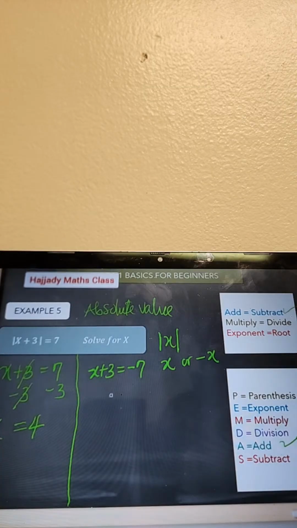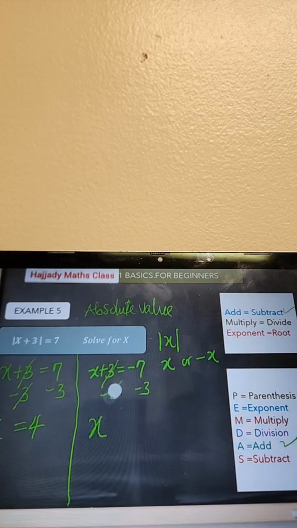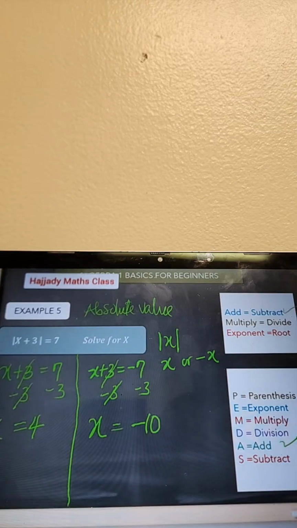If you do the same thing on the right side, negative 3, negative 3. Here we have x, 3 minus 3 cancel out. -7, -3 gives -10. So these are the values of x.